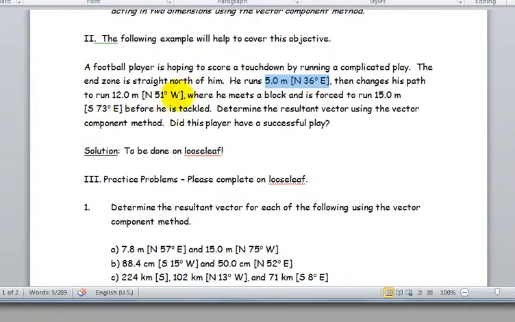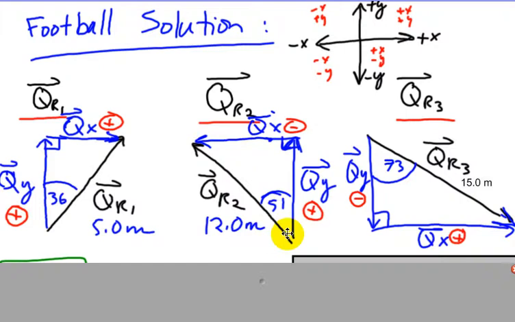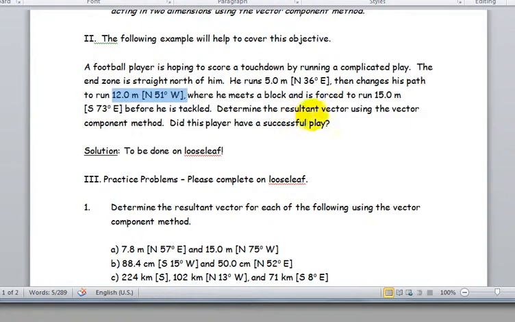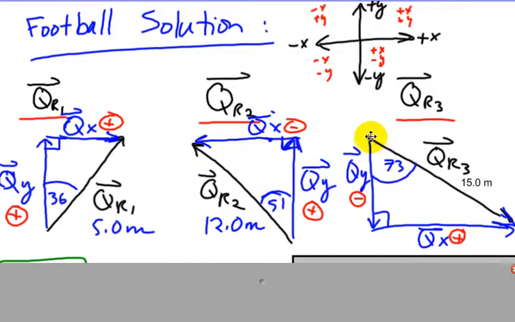We have 12 meters north 51 west, 12 meters north west by 51, and then our last vector, of course, 15 meters south 73 east. South east by 73, we get 15 meters.